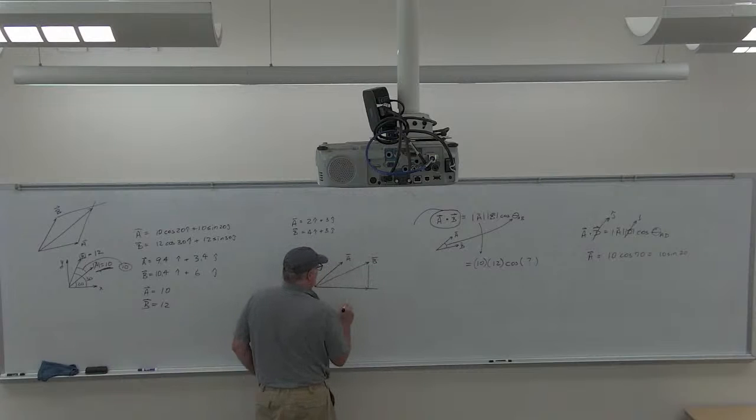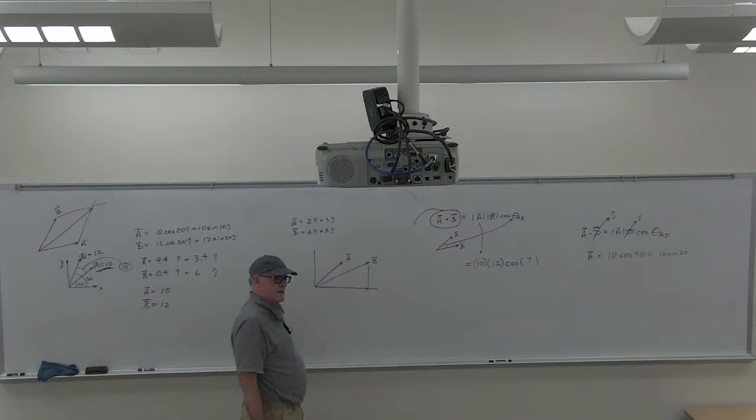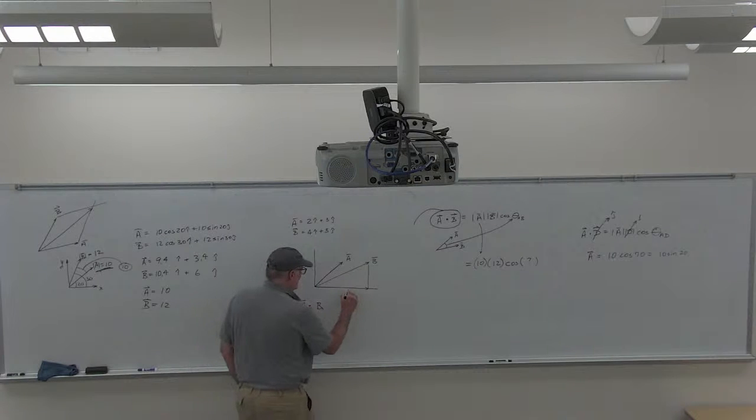But what I'm going to do is break B into two components. I'm going to say A dotted with some other vector which I'll call BX.